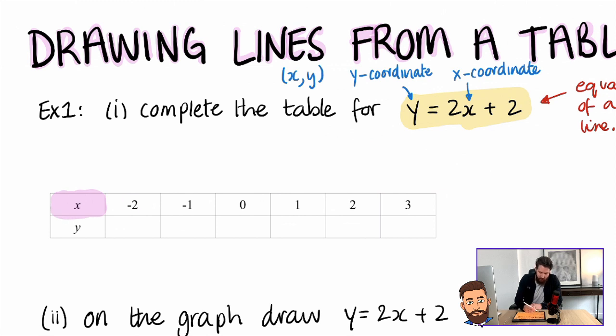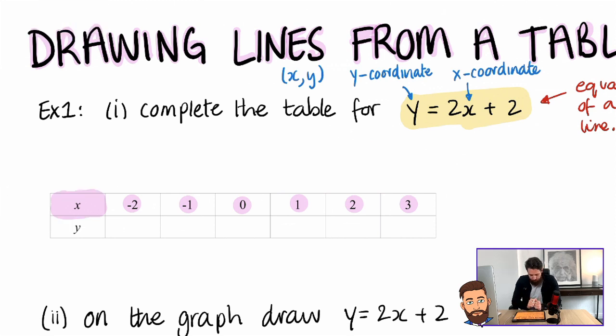So x is -2, -1, 0, 1, 2, 3. We can use those, put them into our equation, and it's going to tell us what y equals, because it says y equals 2 lots of x plus 2. So if I do 2 lots of x and add 2 to it, it's going to give me y, which means then I've got a set of coordinates that I can plot, which we've done in the previous lesson.